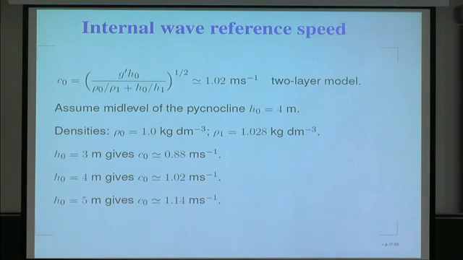So this is linear, it's a long wave speed, and if I now use the conditions where Nansen was doing his observations and an upper layer depth of 4 meters, I have a reference speed of 1.02 meters per second. If you have different depths, of course you get different reference speeds.